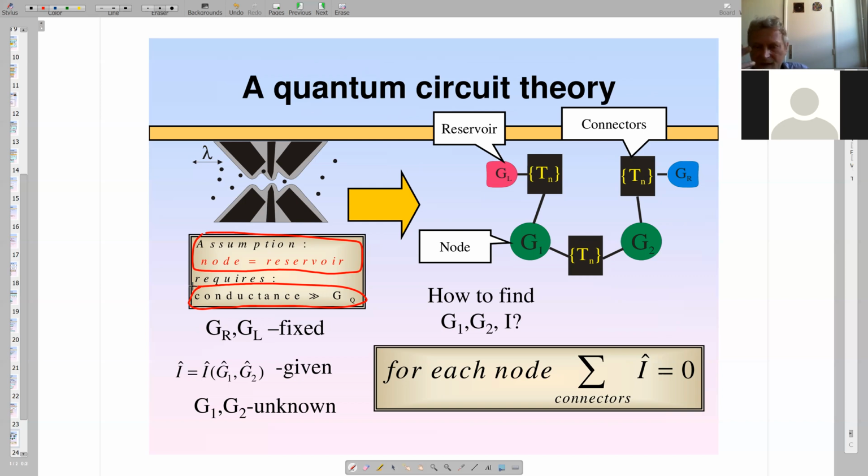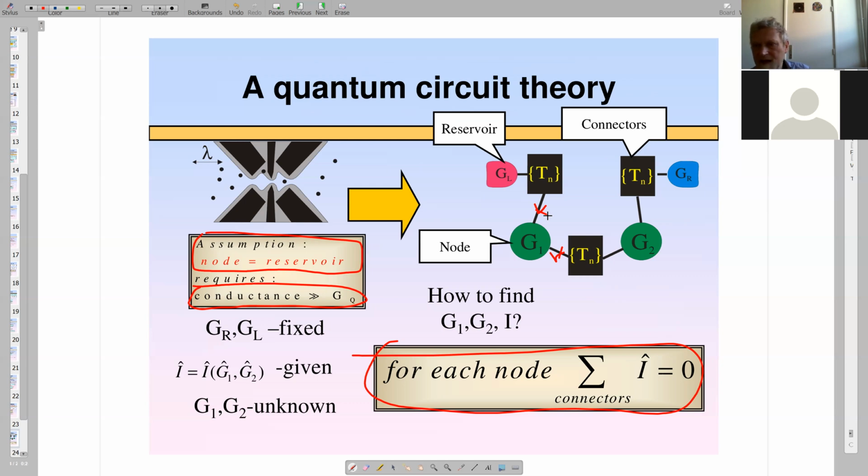So if you apply this, one writes a series of Kirchhoff laws for this matrix current. For each node, the sum of matrix currents from all connectors, for instance, if this is connected to two, the sum of two currents, is 0.